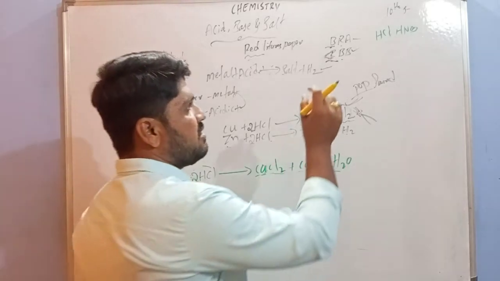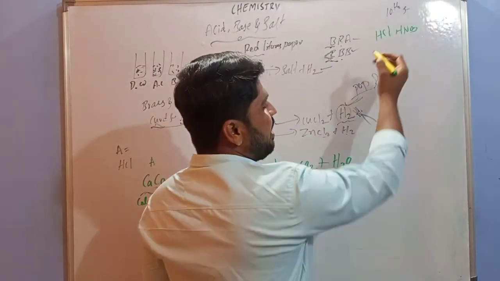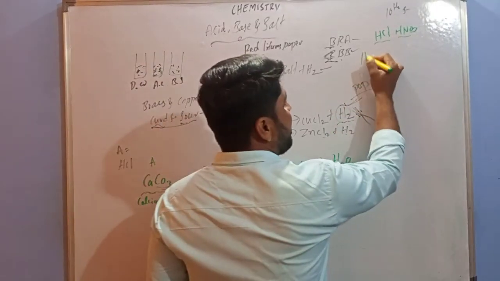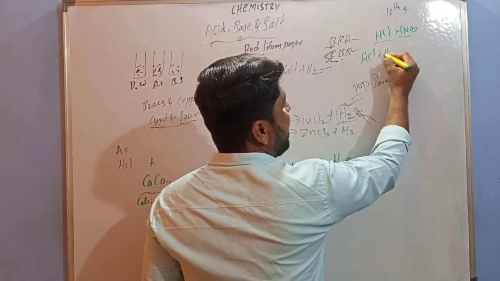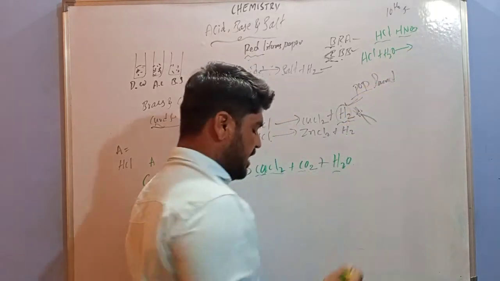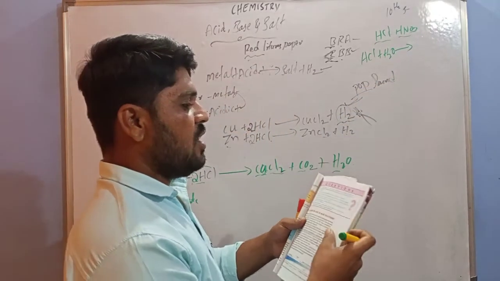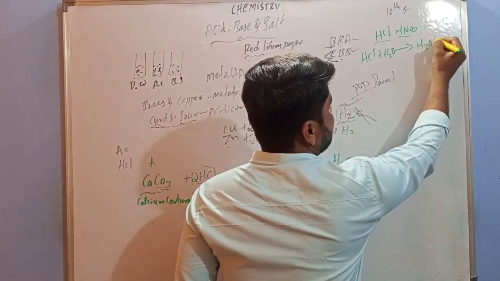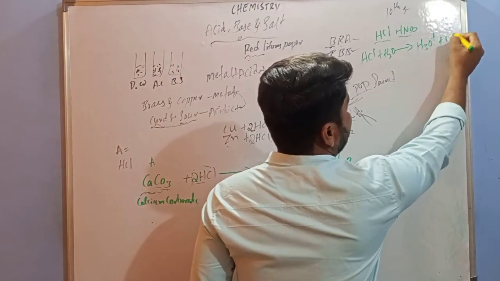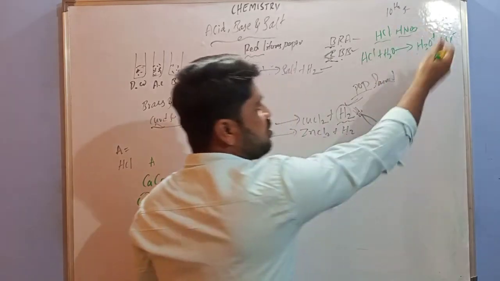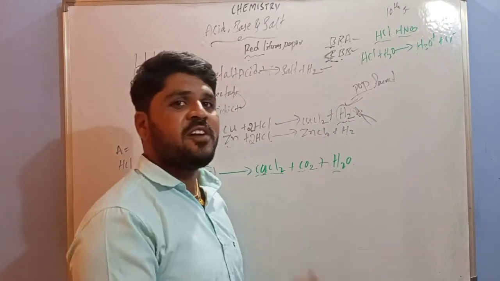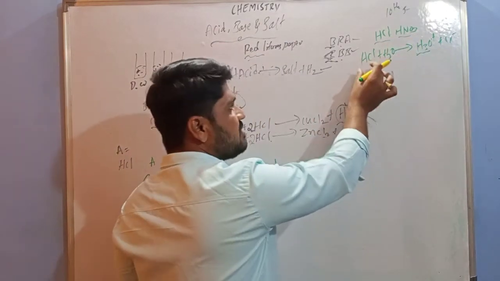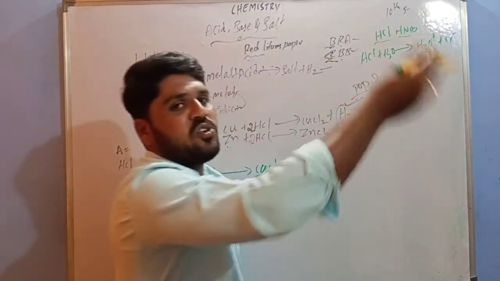Because they produce acids, HCl and HNO3. So acid HCl reacts with water, that is aqueous. In aqueous solution it will produce H3O plus and Cl minus. That means production of hydrogen ions. Because of these hydrogen ions, the acid shows acidic character.